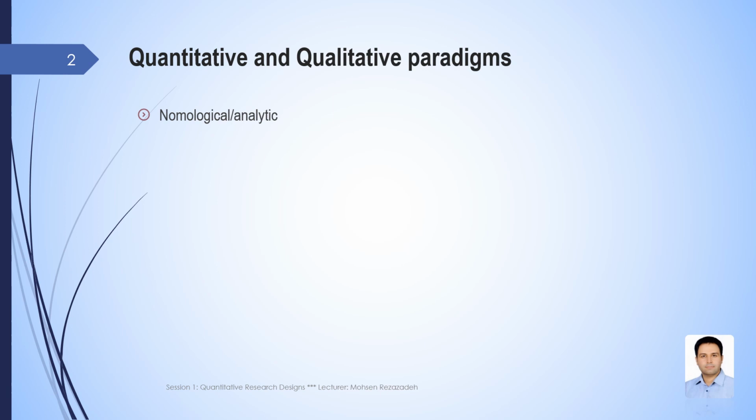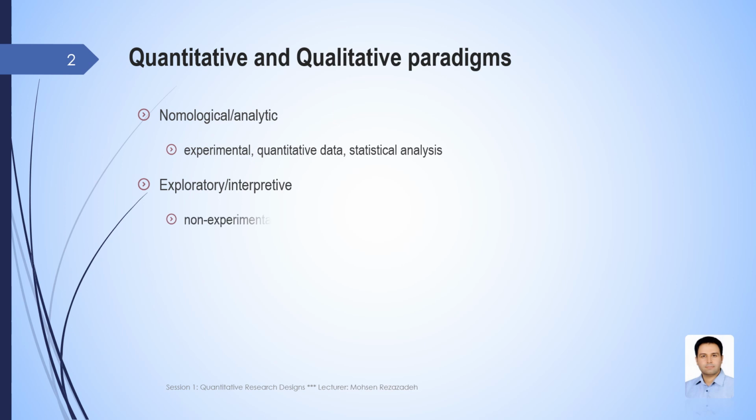In the first paradigm, the analytical or nomological paradigm, the data are collected through an experiment and yield quantitative data which are subjected to statistical analysis, while the second paradigm, the exploratory or interpretive paradigm, utilizes a non-experimental method, yields qualitative data and provides a kind of interpretive analysis of the data in contrast to the analytical statistical analysis.